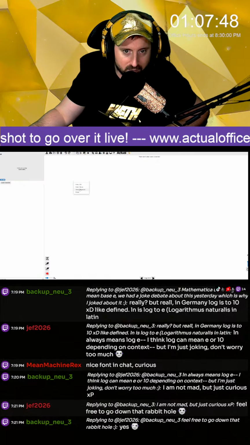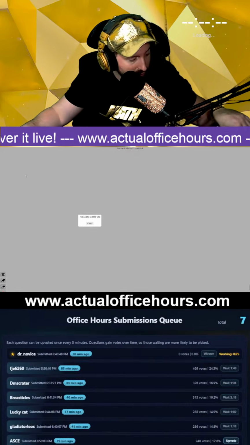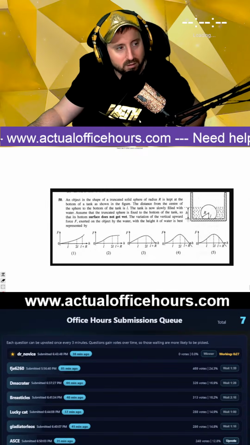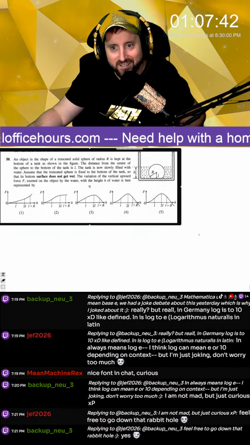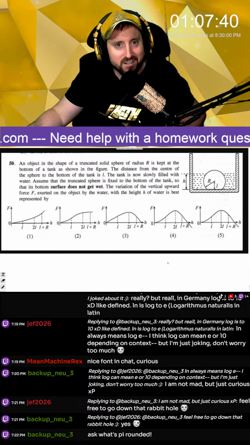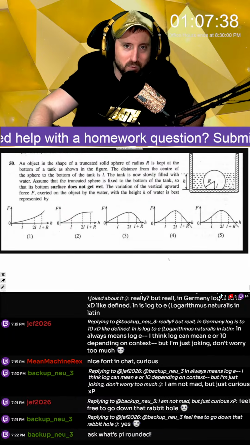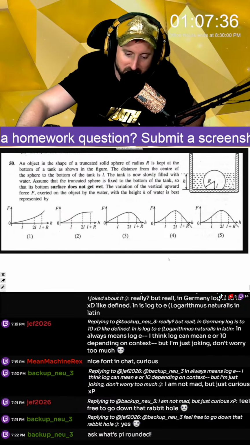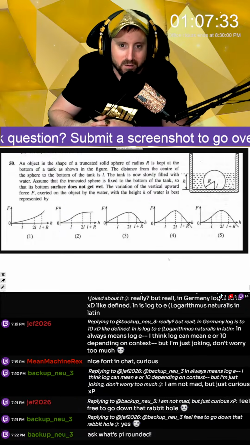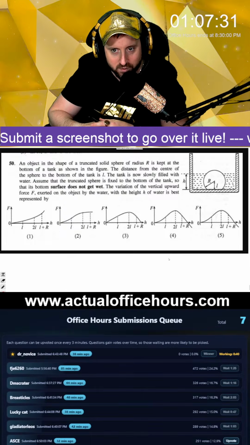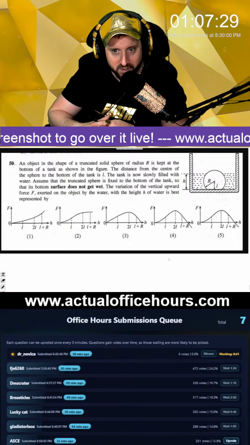Is this fluid mechanics? I don't like fluid mechanics. Oh, dang it. Okay. Ask what's pi rounded? It's basically 3. An object in the shape of a truncated solid sphere, radius r, is kept at the bottom of a tank as shown.